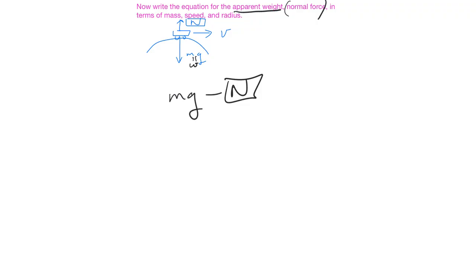Normal force is the apparent weight. That's what we're trying to solve for. In terms of mass, speed, and radius, well, that equals centrifugal force. And centrifugal force equals m tangential speed v squared over radius, because that's what Fc equals.